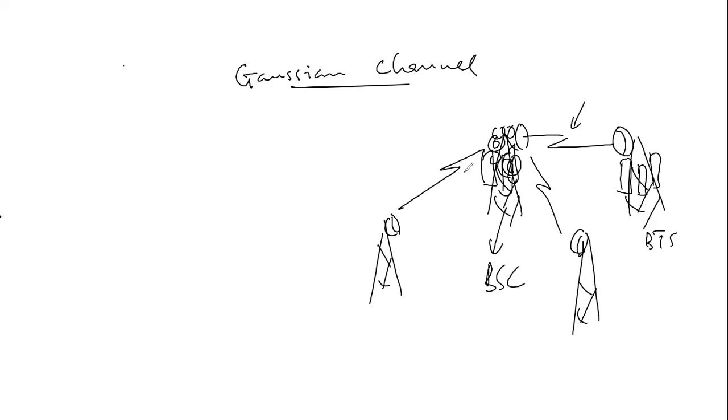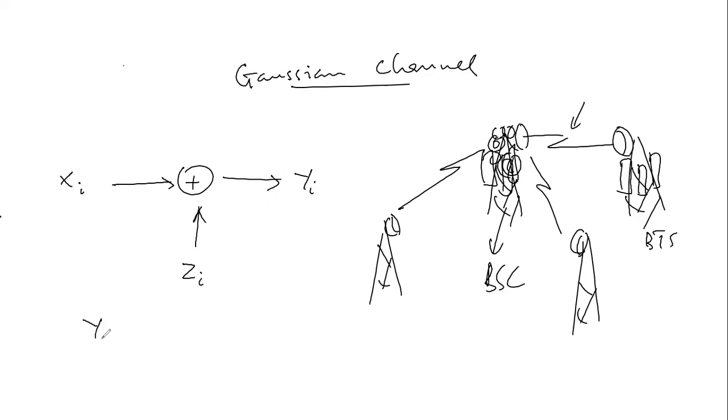And how do we model this? We say, well, if we have, say, a symbol which is transmitted, and we have a channel. This channel is more like an additive channel. So it means that here, with the noise component, say Z sub i, what is going to be the output Y sub i?